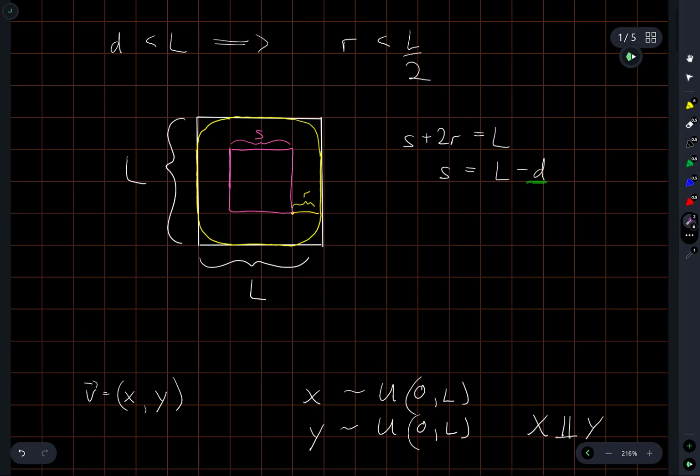If the diameter of the circle is L, then like we said, this square actually reduces to a single point right at the center. If the diameter of the hoop is 0, then the hoop can land anywhere in the square, it doesn't matter.